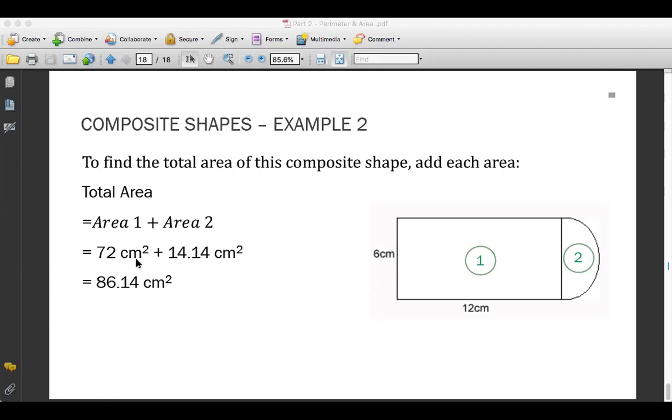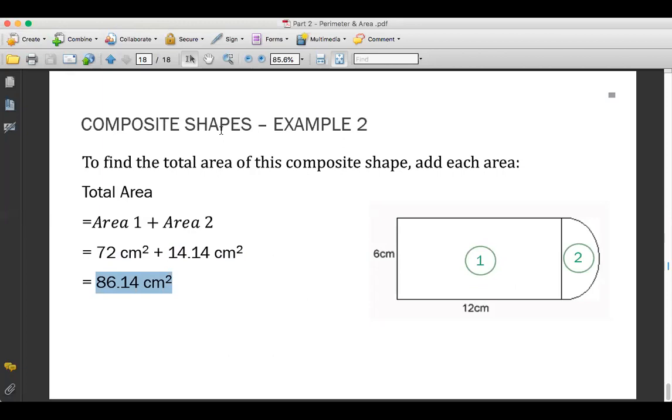So 72 cm squared, which is the first area, and the 14.14, which is the area of the semicircle, add together, you get the total area of 86.14 cm squared. That's all you have to do. So basically, composite shapes, always break it down first into the different smaller shapes that you can see, find each of the areas, and then plus together. This is how composite shapes work.